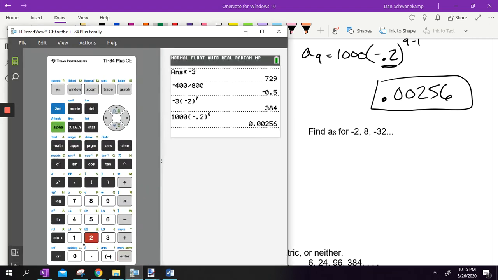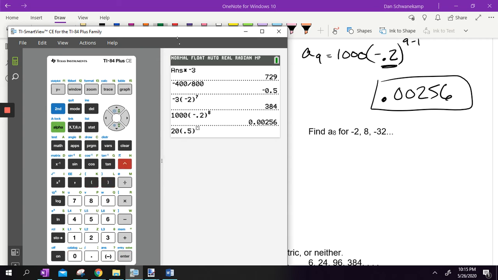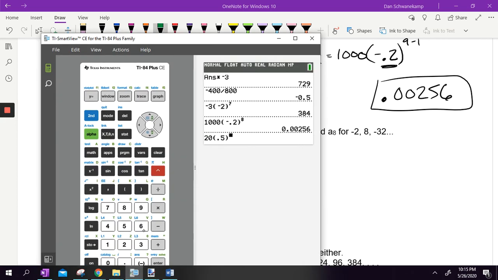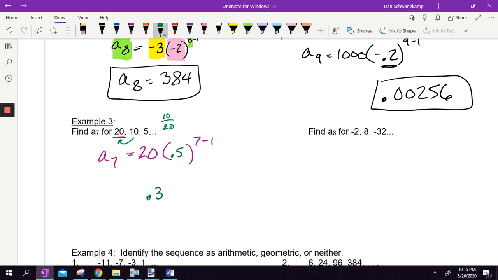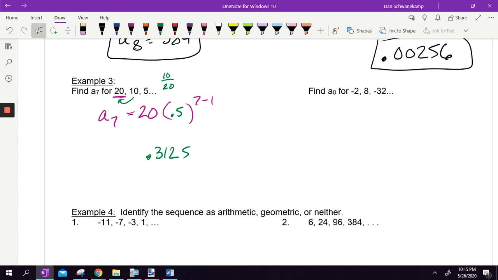So in my calculator, I'm taking 20 times 0.5. And what power am I raising that to? 6th power. 0.3125. We're getting pretty small pretty quick. If you don't believe me, you could write it out. 20, 10, 5, 2.5, 1.25, and keep just dividing by 2 each time to get your numbers.